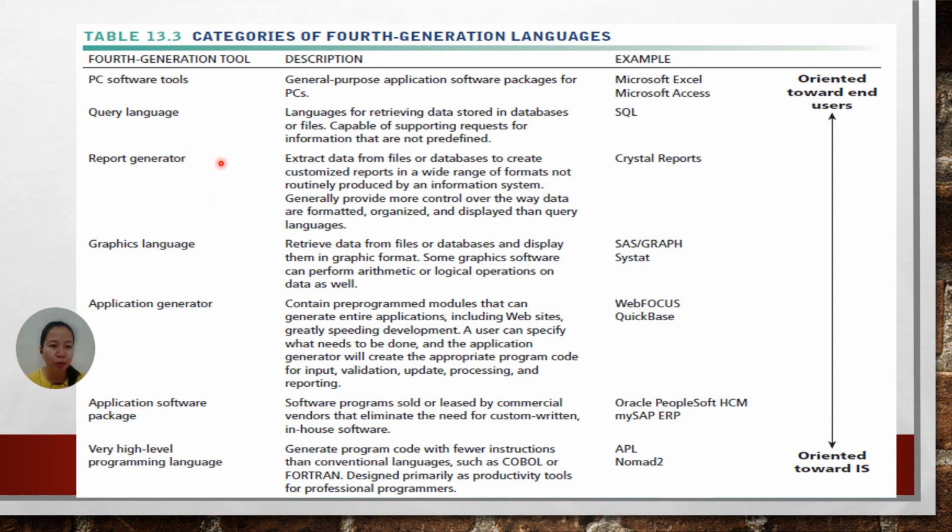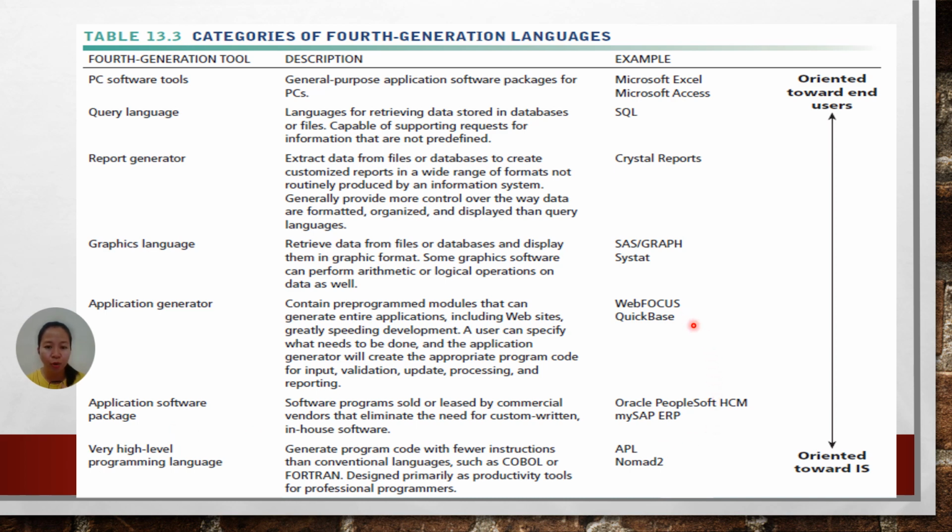So here are examples of fourth generation tools. In PC software tools, Microsoft Excel, Microsoft Access. For query language, the SQL, if you are familiar with that. Report generator, Crystal Reports. Graphics language, application generator, application software package, and very high-level programming language.